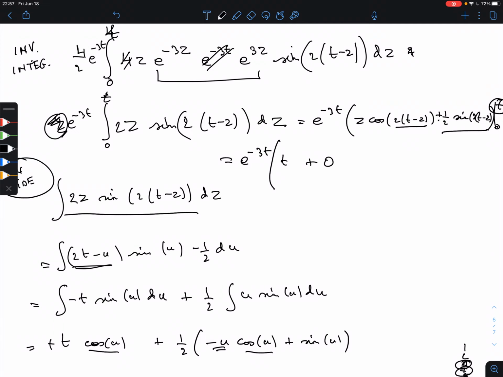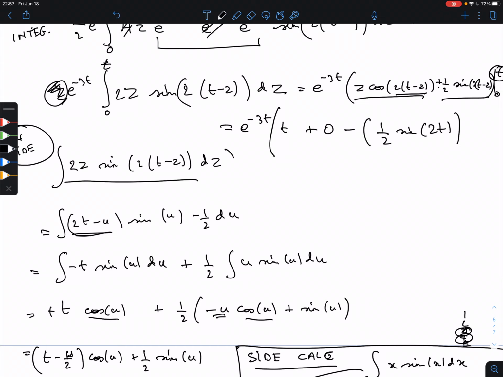What's the result of plugging in z equals 0? Then this is 0. But the sine is not: there we get a half sine, plugging in 0, so 2t. So after a long calculation, we find that this is equal to t e to the minus 3t minus e to the minus 3t over 2 sine 2t.